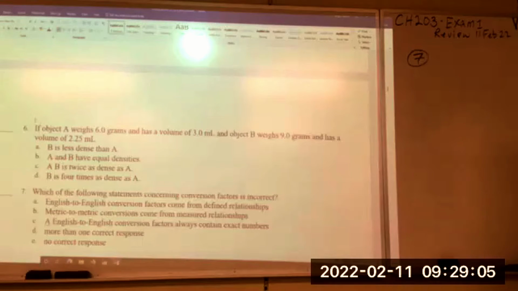Which of the following statements concerning conversion factors is incorrect? English to English conversion factors come from defined relationships.